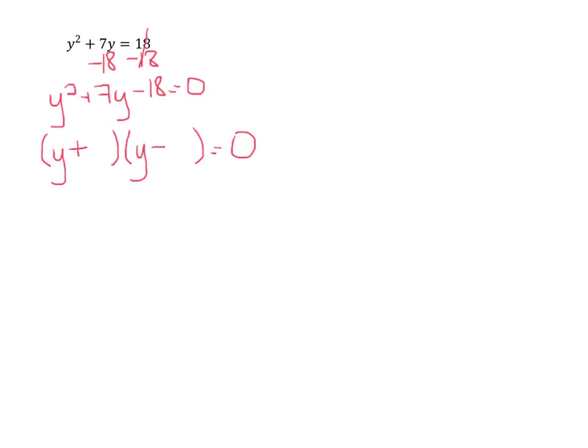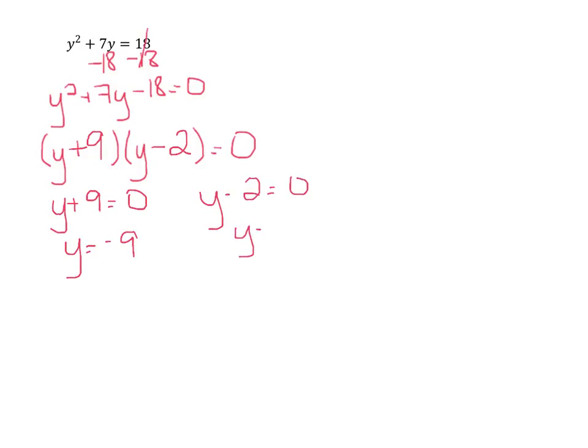So two numbers that multiply to 18 would be like, say, 9 and 2, and positive 9, negative 2 equals 7. So just like before, either y plus 9 will be equal to 0, or y minus 2 will be equal to 0. So there are your solutions.